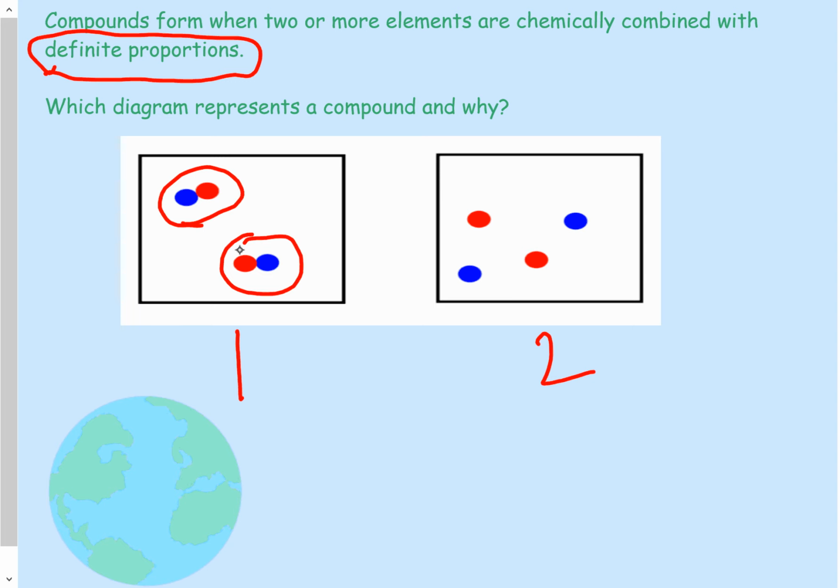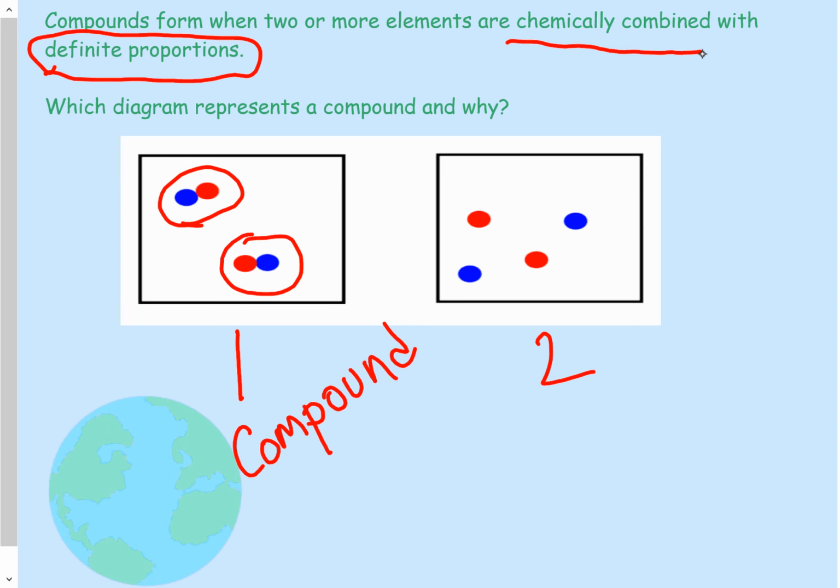Why? Because I have two different elements, a red and a blue circle, connected with each other. They're touching each other. And that connection represents a chemical bond between them.